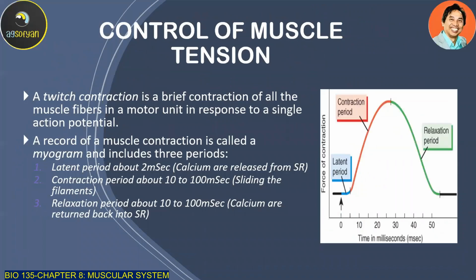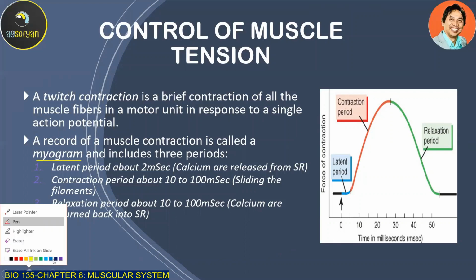Okay, now how does muscle contraction happen, how does it look if we use what we call the myogram? We can check the graph of how the muscle contracted. When we use this myogram, it will give us 3 stages.